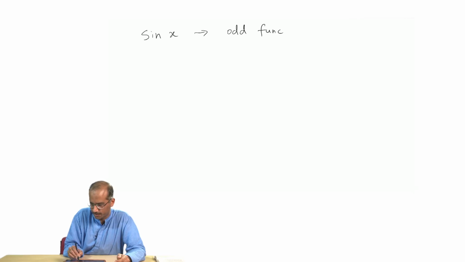The sine functions are odd functions. Sin x is an odd function about x equal to 0, and similarly cos x is an even function.